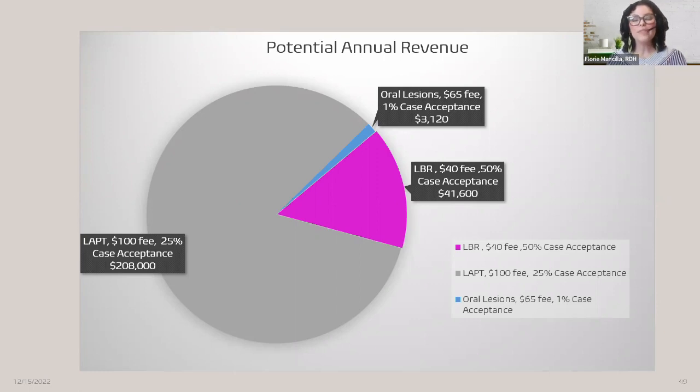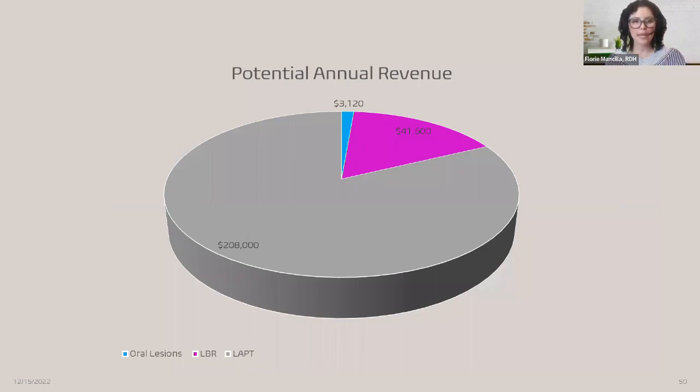These are things to think of when we are diversifying our operatory. This is just 3 procedures, by the way. With those 3, the potential annual revenue is $252,720. Again, these are arbitrary numbers and it varies depending on where you work and the communities you serve.